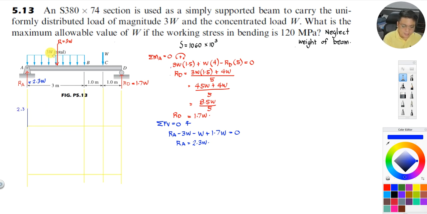Okay, and then bababa ako ng 3W, pero ito naka 0 to, so meron ka na dapat 1 degree curve. So you can have it as 2.3 minus 2.3 of W, 2.3 of W minus 3W. So you can have negative 0.7 of W. Okay? So now you can have this.